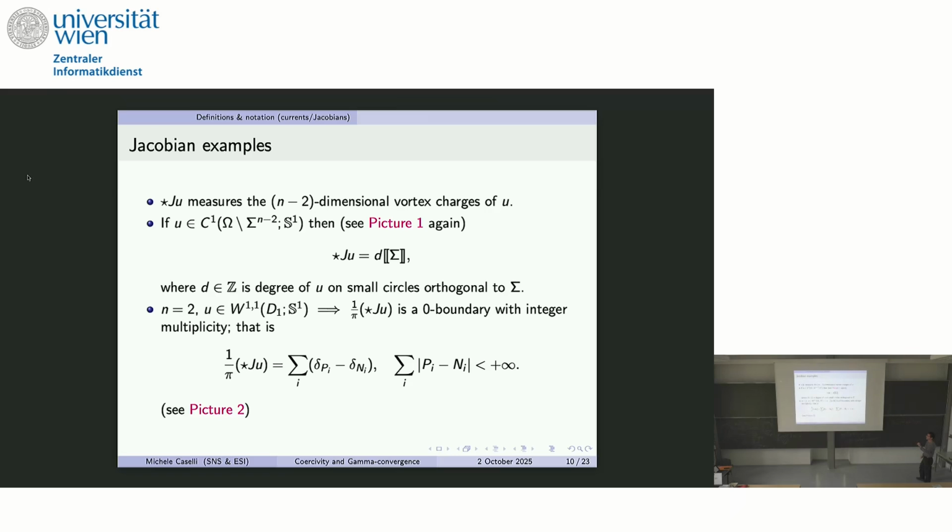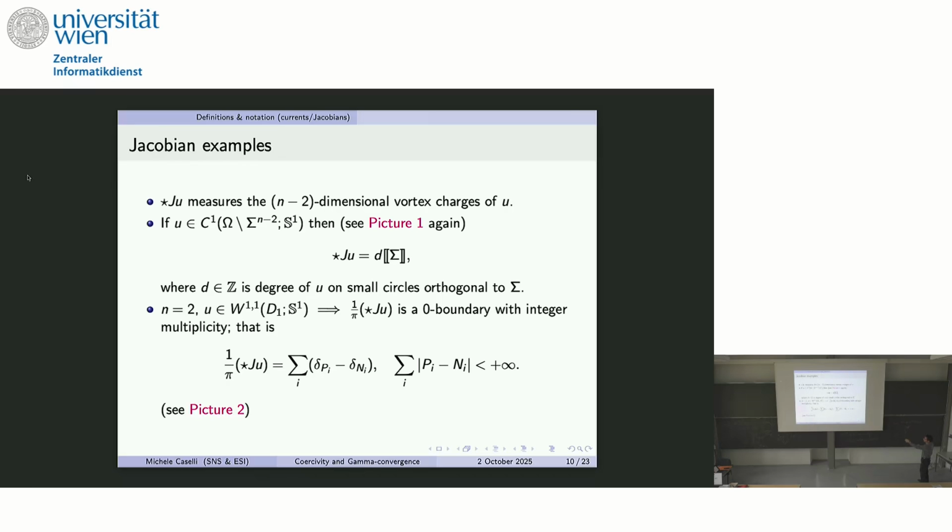So the picture will be something like this. You have D, the two-dimensional disk, and I will have a sum of things that have either degree plus 1 or minus 1, and in my notation here, 1 over pi the Jacobian of u is a sum of deltas. Here the points are not necessarily distinct.